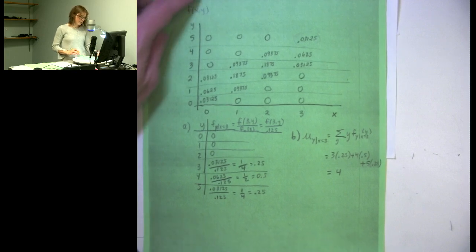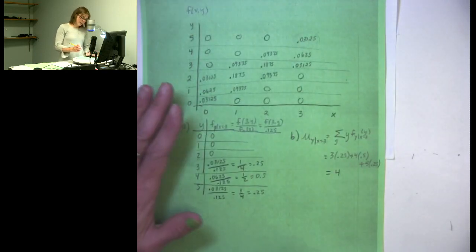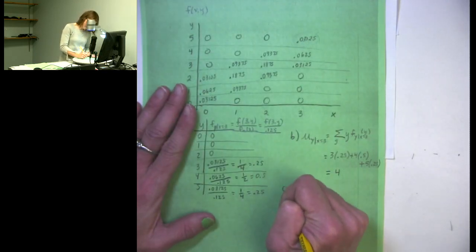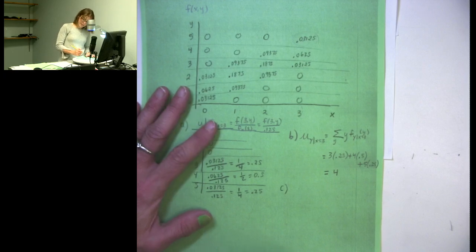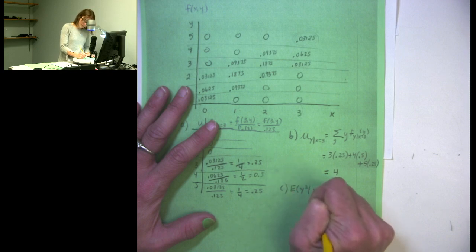Part C asks me to find the variance of y given that x is equal to 3. To do this, I am going to find the expected value of y squared, given that x is equal to 3.